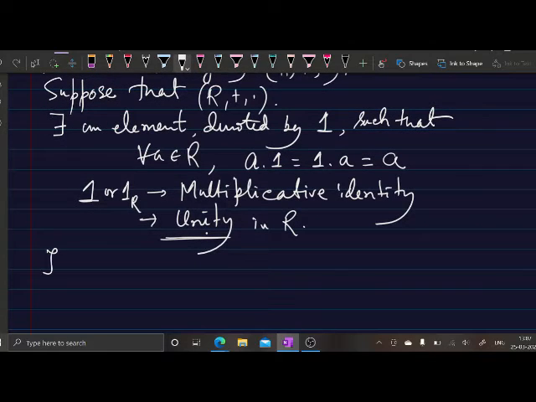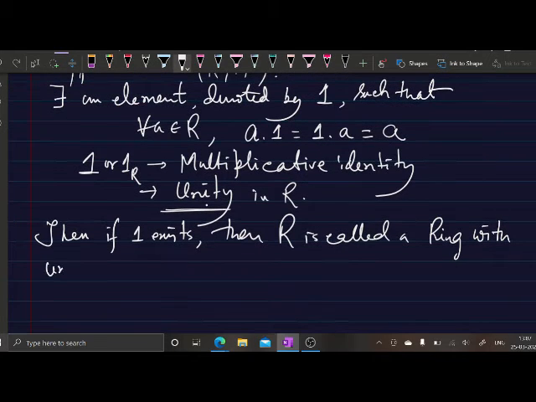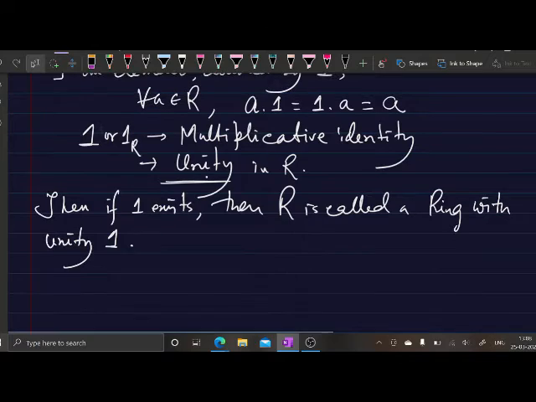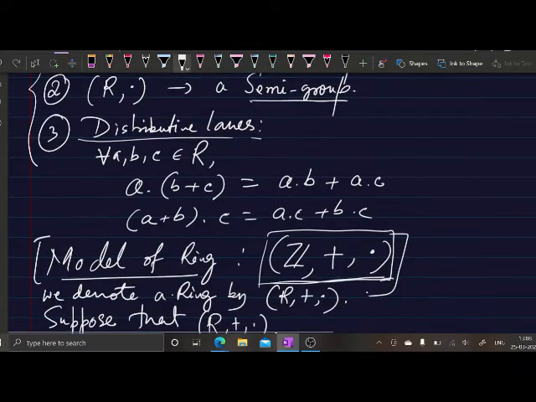And then, if 1 exists, R is called a ring with unity 1. Don't mix up this 1 with the 1 of the integers.